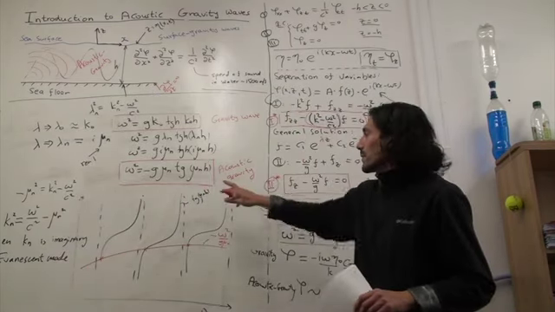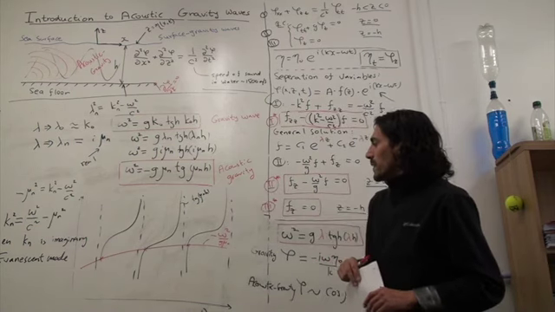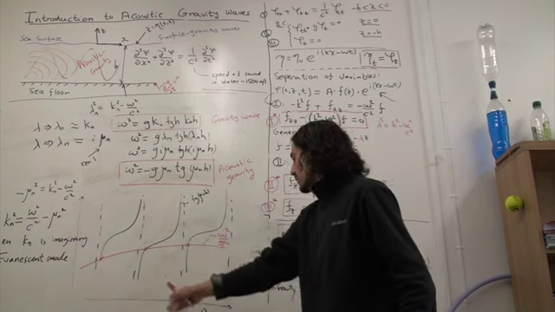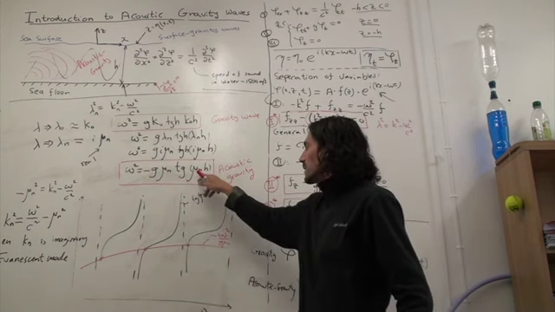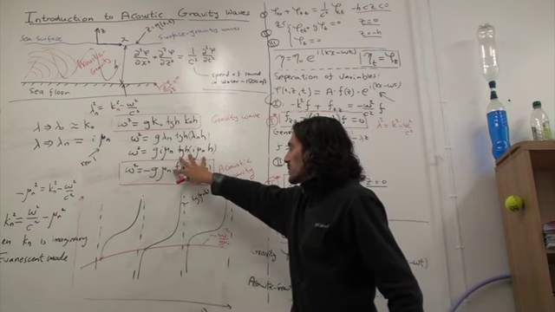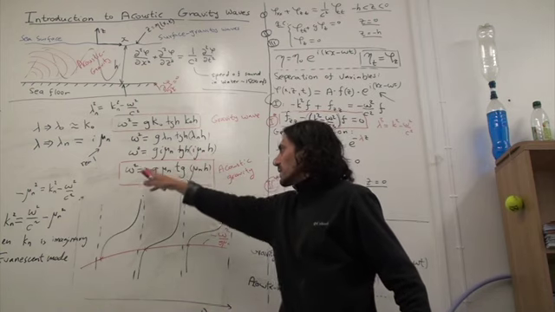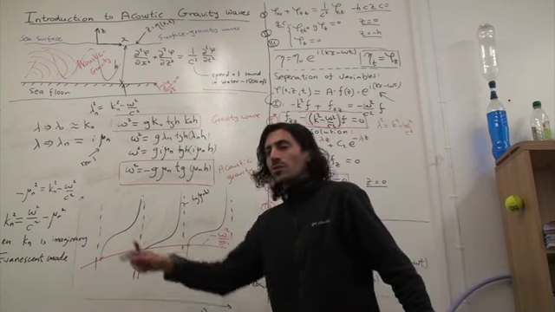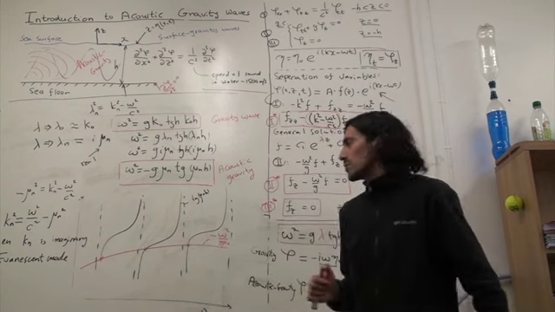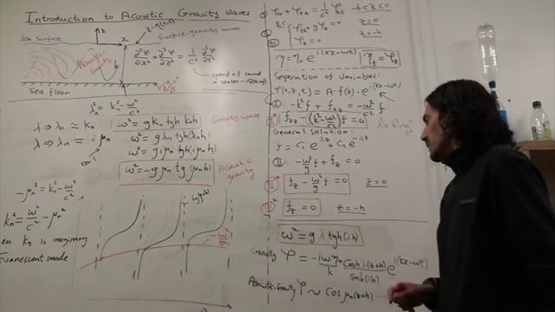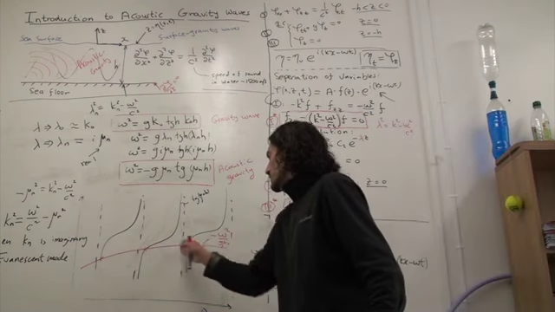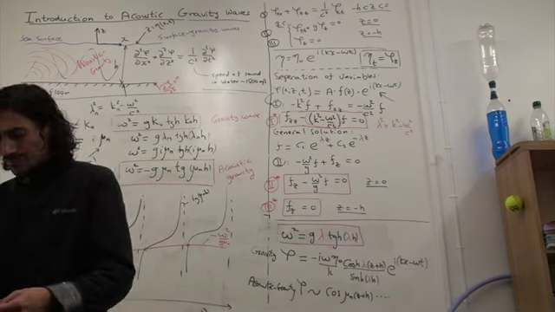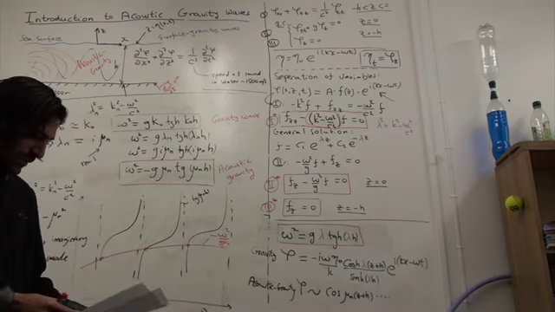You can try, you can't solve this analytically. One way to actually solve it is that you run over mu_n h, you plot the tangent on one side, you plot the rest as another curve, and you see where they cross each other, and this is what you get. You get all these modes. So you have to solve it numerically at the end of the day.